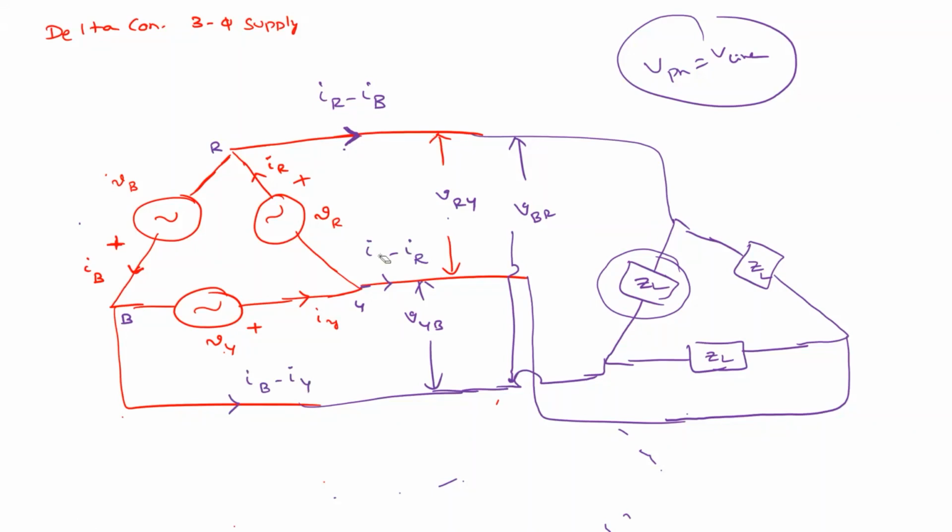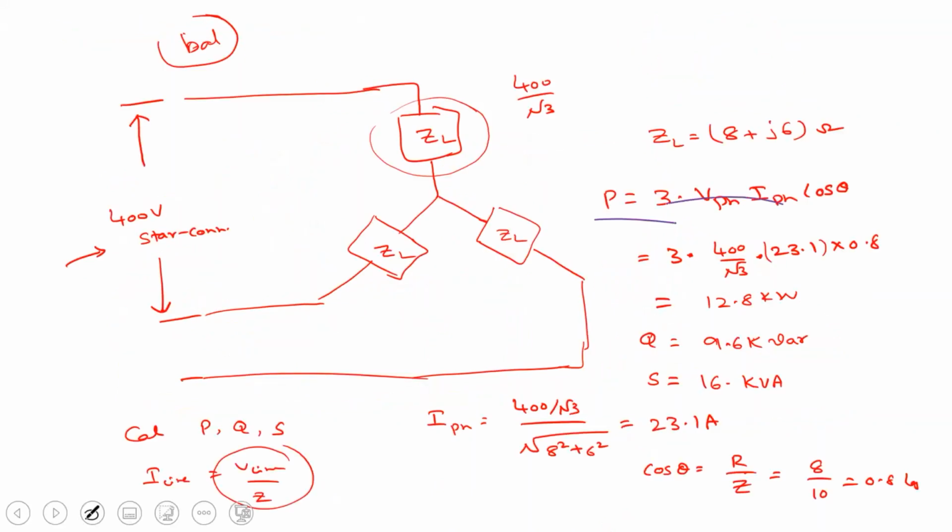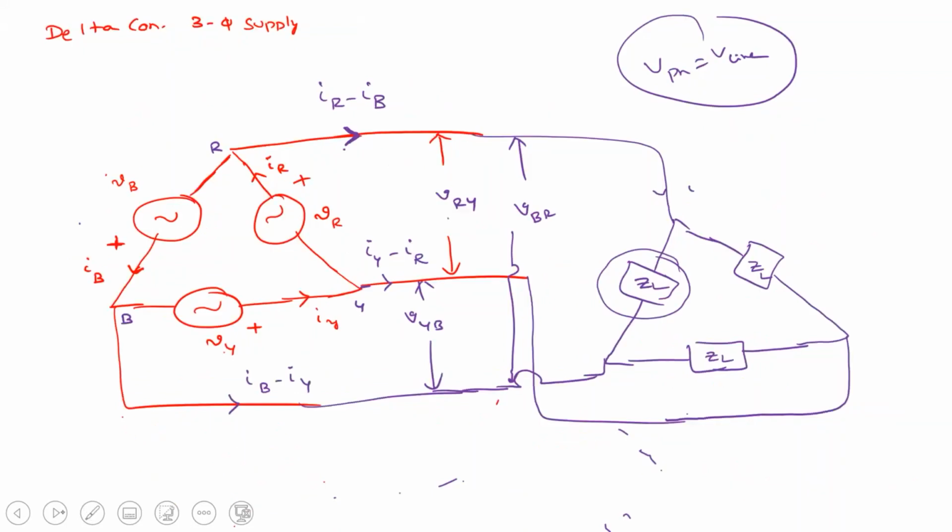Agree? Similarly, the same current is flowing here also, right? The same current is flowing here also. So this is also IR minus IB, agree?